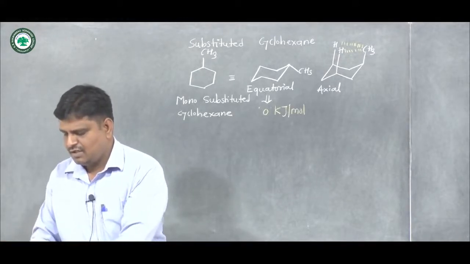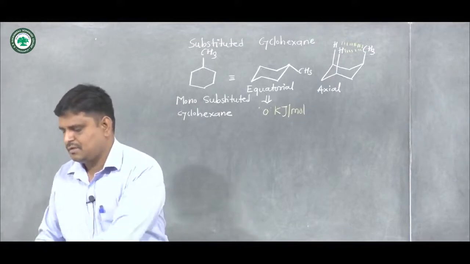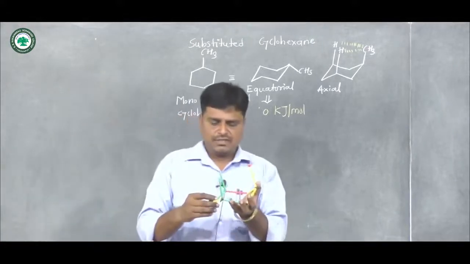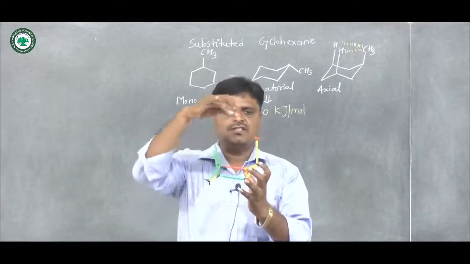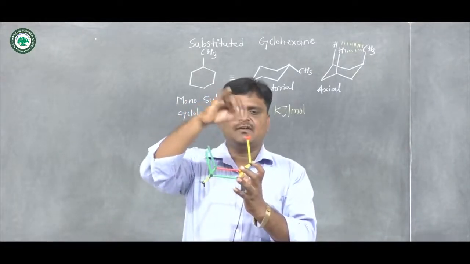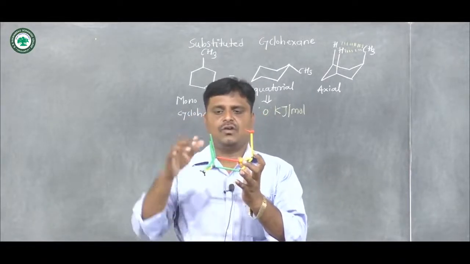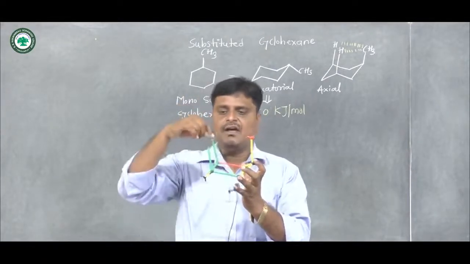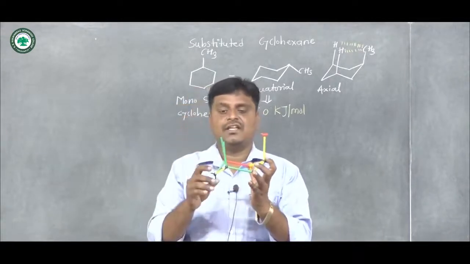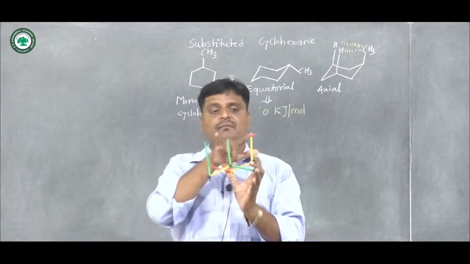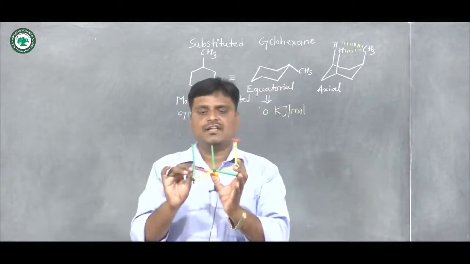So here you see, suppose these two green bonds are hydrogens and this yellow bond has the methyl group as a substituent. All these are axial, and they are very close to each other. That's why interaction between this bulkier methyl and hydrogen is possible.